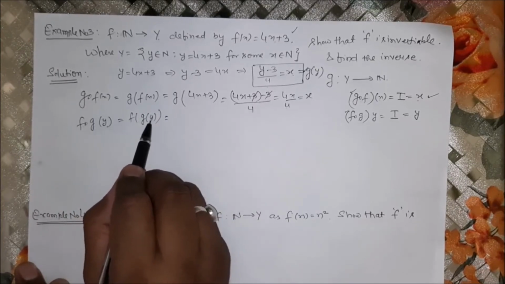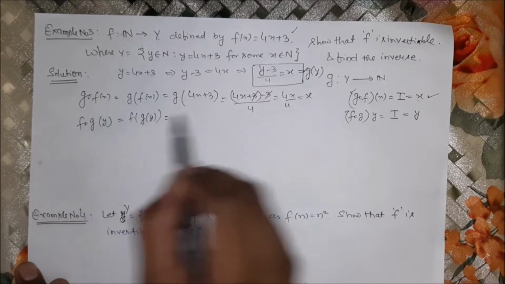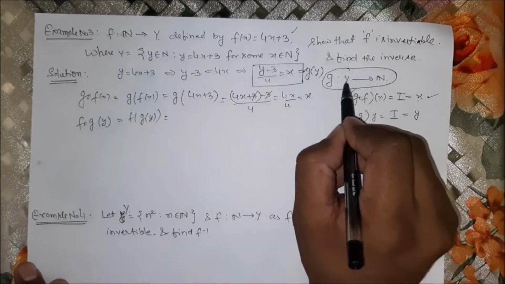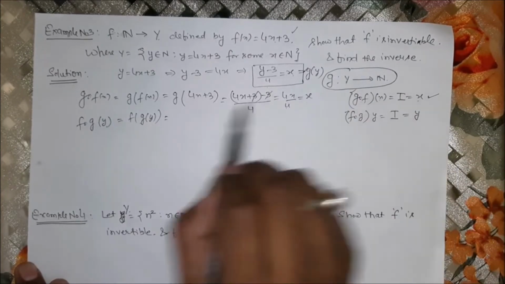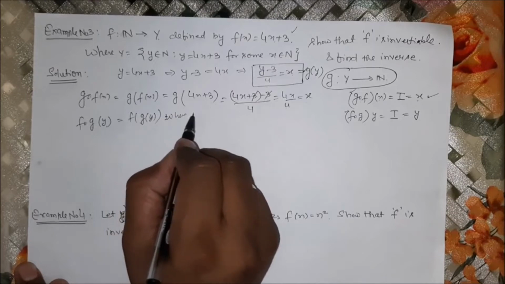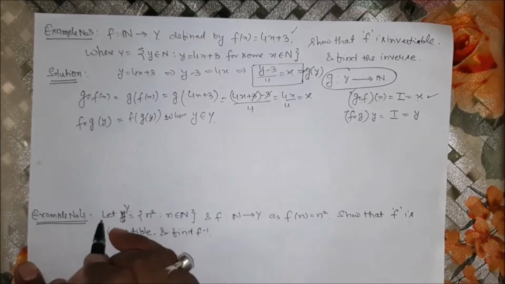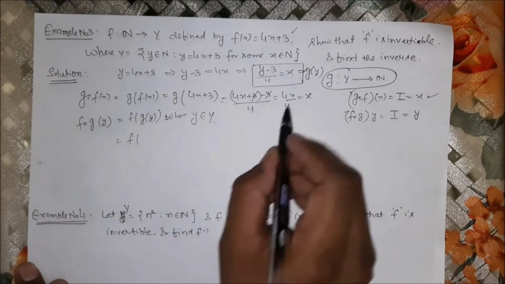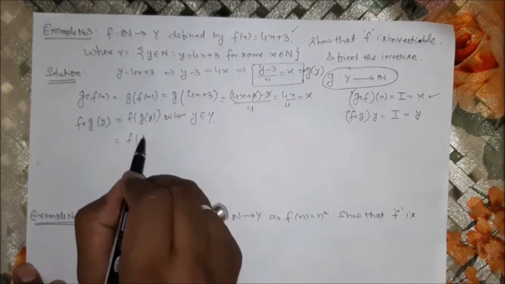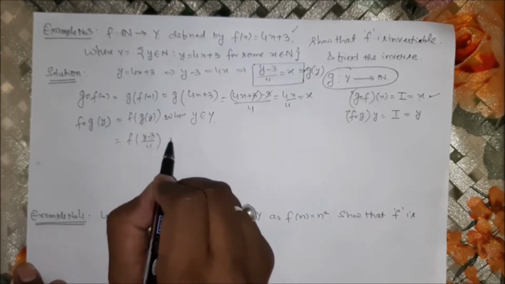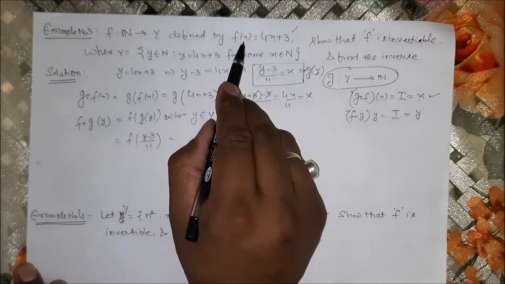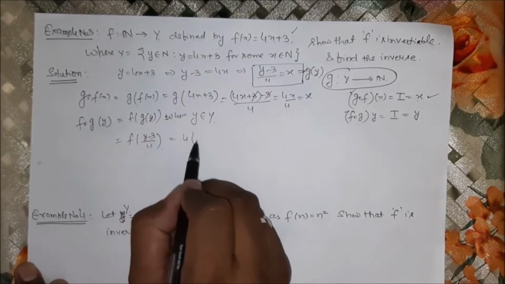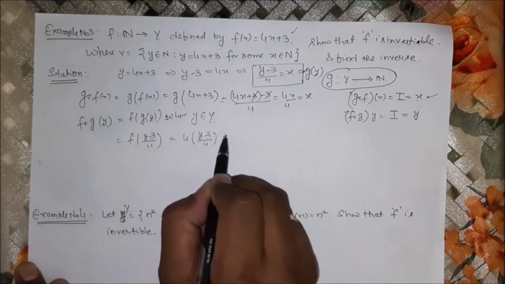so we have to take that value on which g is defined, and we have considered g is defined from Y to natural number, so we are taking element y from this set, where y belongs to capital Y. Okay, now g of y is, we have considered (y minus 3) by 4, and what f will do, f multiplies this number by 4 and adds 3.